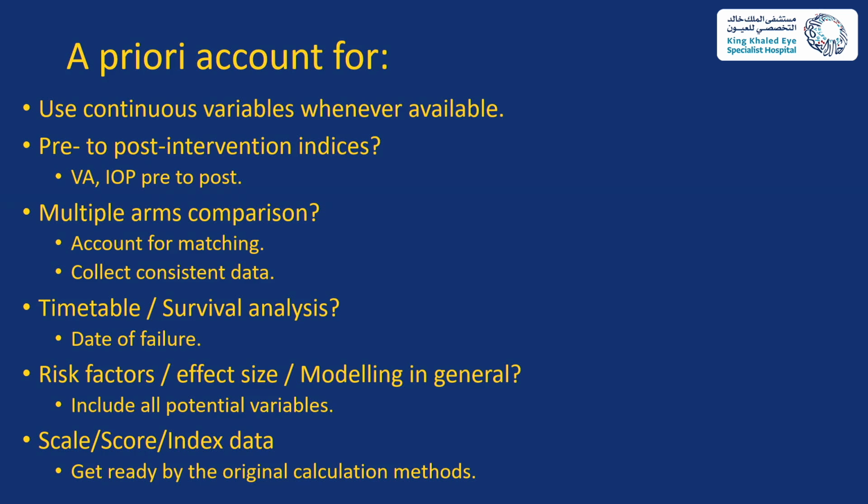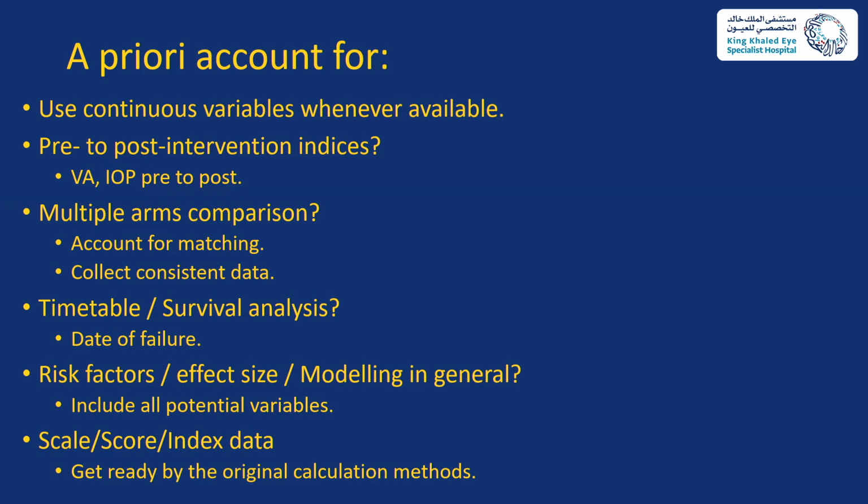So risk factors, potential risk factors, effect sizes, all this you should take into consideration while you are doing your data collection. Now, if you come to a scale or score analysis, you have to make sure that you have the methodology for analyzing this score, because each score or index has been developed by a group of scientists.